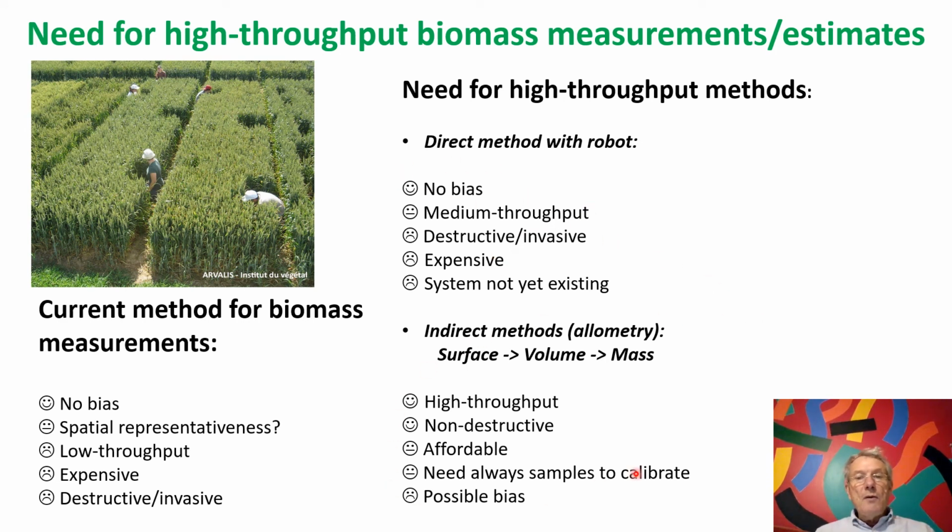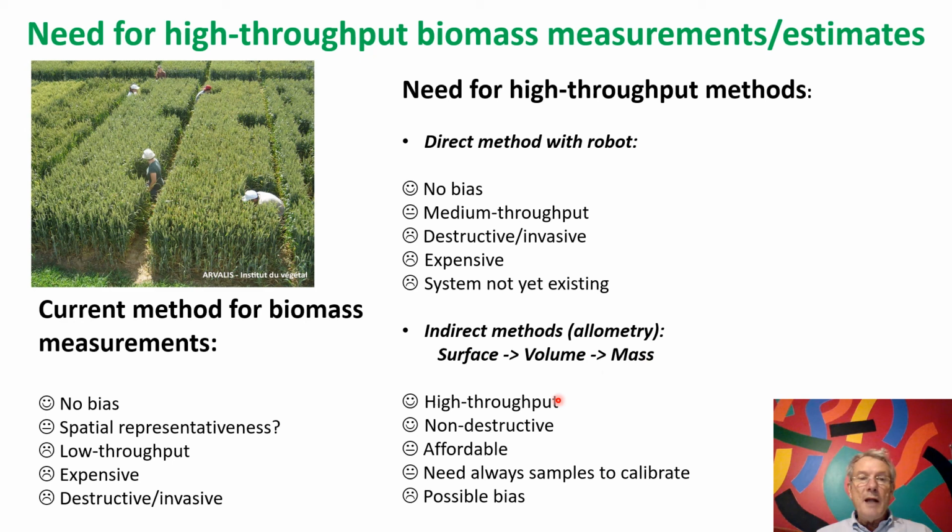And what has been developed is indirect methods based mostly on allometry, where we measure or estimate the surface from high throughput measurements, from that estimate volume, and then make an estimate of the mass by making some assumption mostly on the density of the elements.